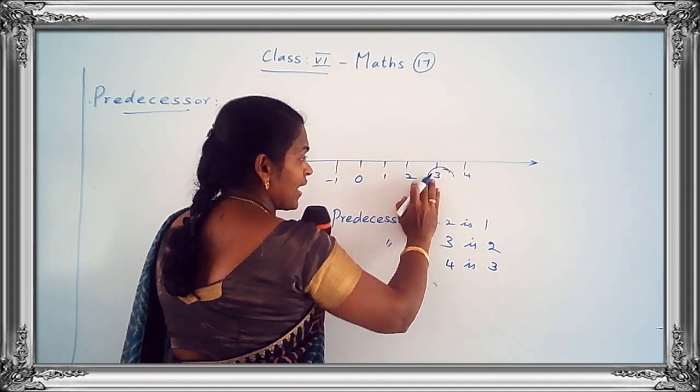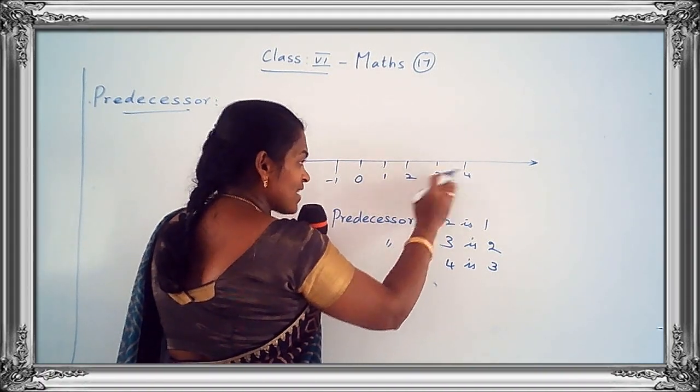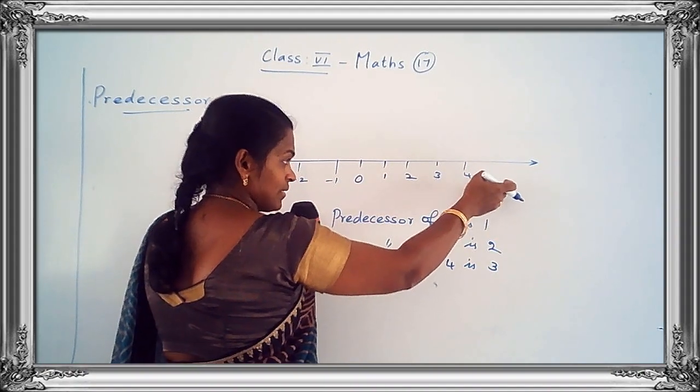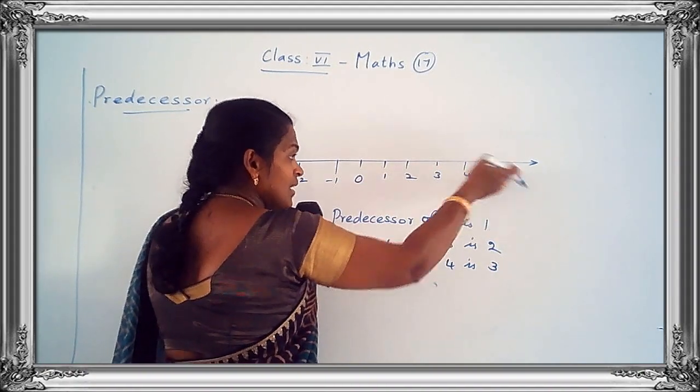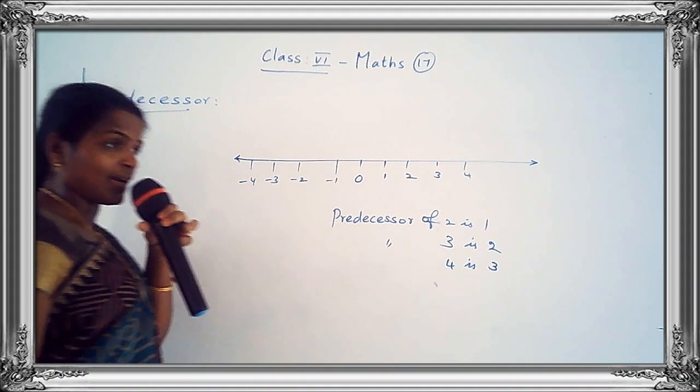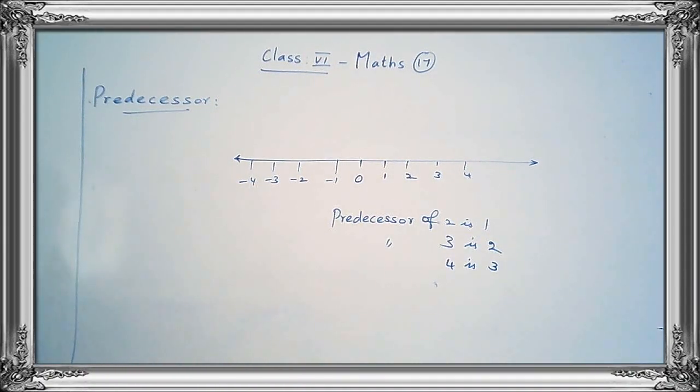So the answer lies on the left side of the given number. That is called predecessor. Predecessor of an integer lies to its immediate left on the number line.